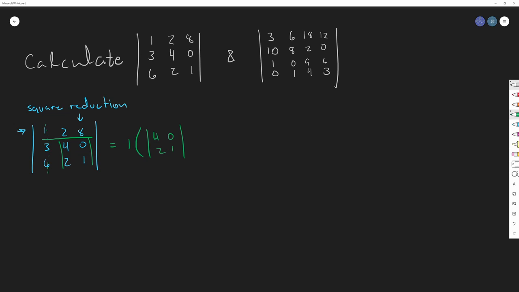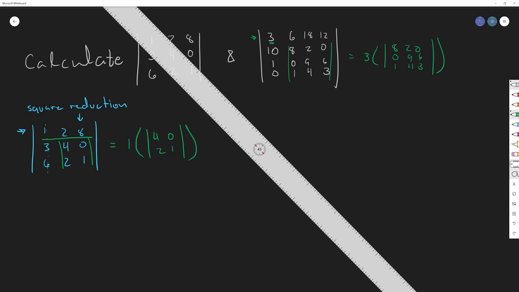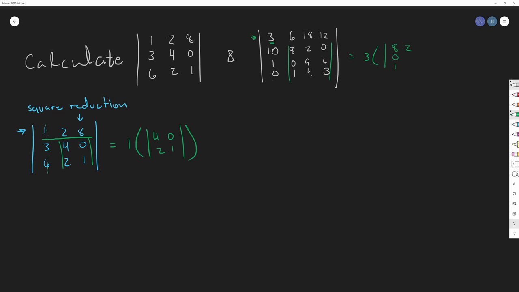If we were to do it on the 4x4, we're still going to use the first row and completely ignore the first column. So this is going to be 3 times the determinant of this 3x3 matrix, with the first row ignored. This is what I mean when you do square reduction.